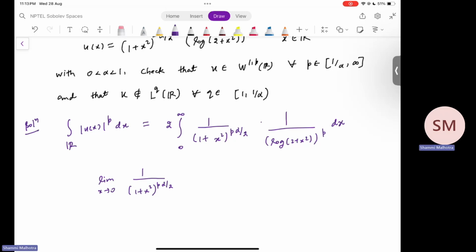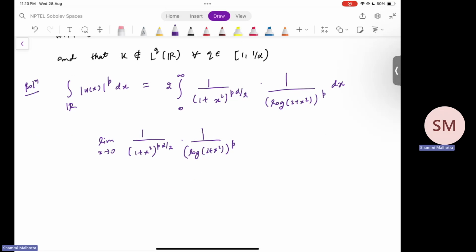So it's better to calculate the integrability of this function. Since this function is not so easy to evaluate, we have to see some easier version of integrals which have the same convergence property as this integral. To do that, first let us evaluate the limit as x tends to 0 of the term with log of (2 plus x squared) whole to the power of p.